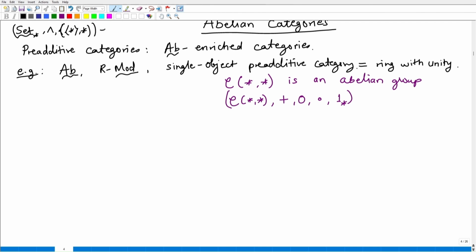So enriched is pointed. I'm just giving you this name because you might need it at some point, and there is also another name: commutative monoid enriched categories are known as semi-additive.